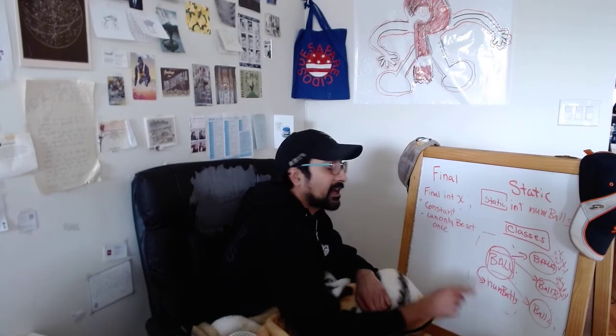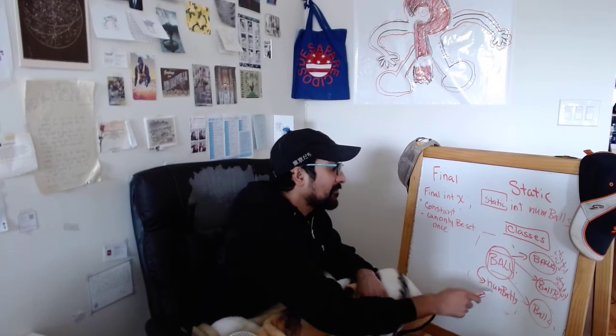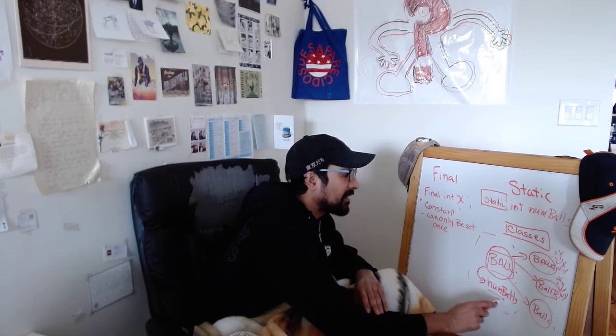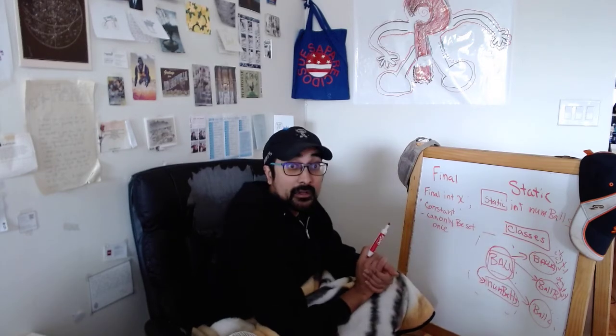And it tells us how many balls are in existence. If you follow the logic on this, it actually kind of makes sense, right? Because if I want to know how many balls are in existence, if I haven't created a ball yet, I should still have a value for the number of balls in existence. 0, right? So maybe we start this thing out at 0, okay?